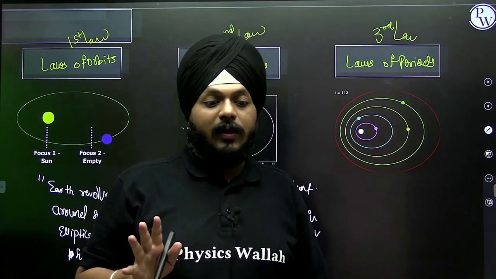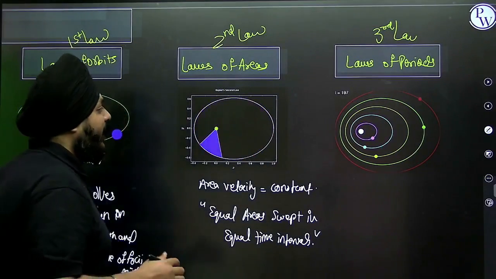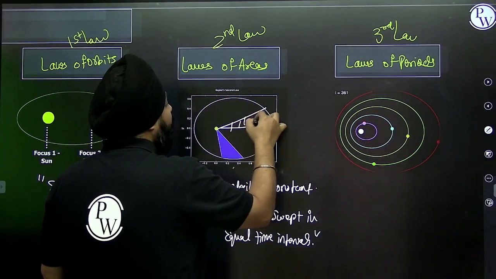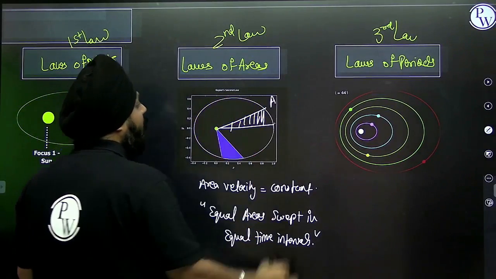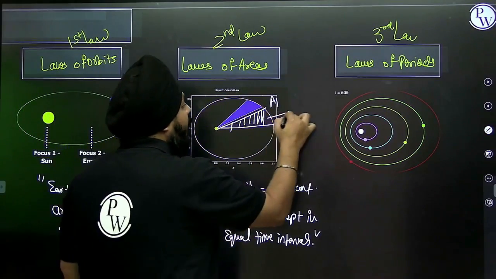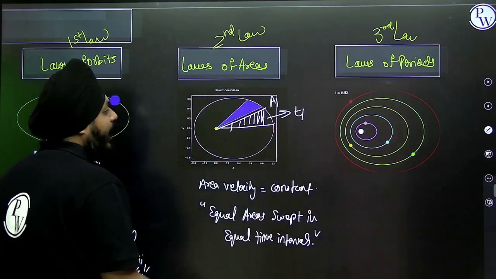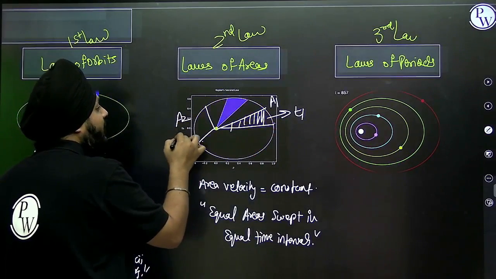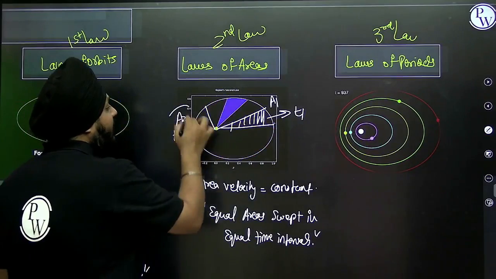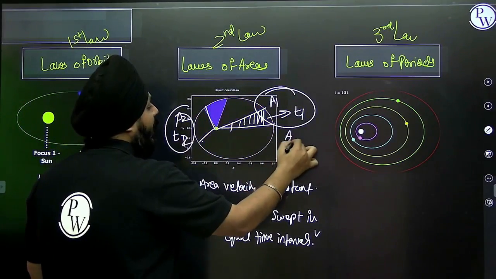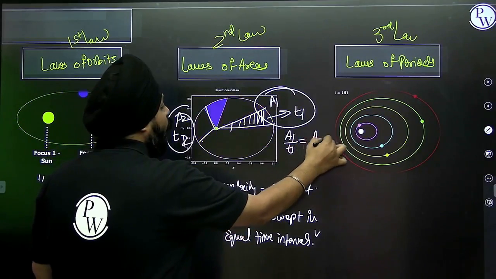So suppose this area A1 is swept in time T1, and this other area A2 is swept in time T2. Then the areal velocity is constant: A1 by T1 is equal to A2 by T2.